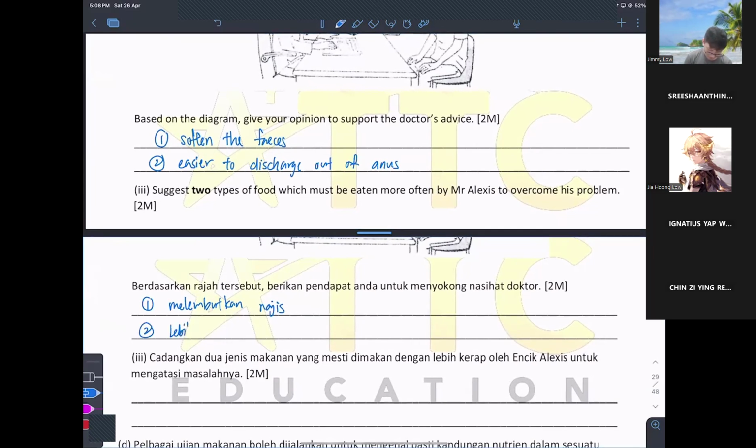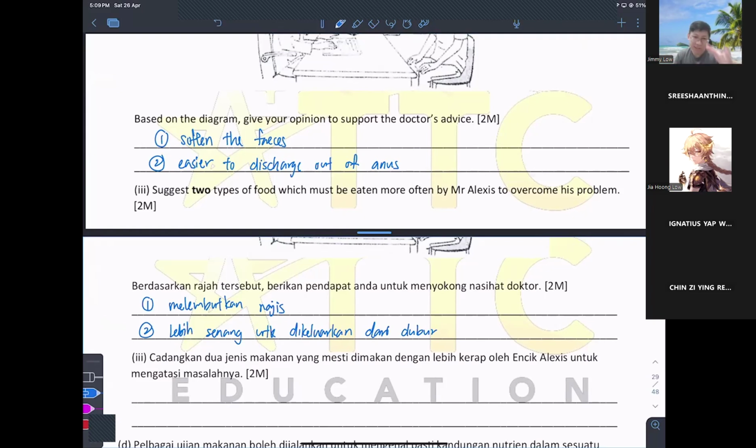Lebih senang untuk dikeluarkan dari tubuh. If you don't know the word anus, you can just say discharge out of the body also can. Can I use excreted?